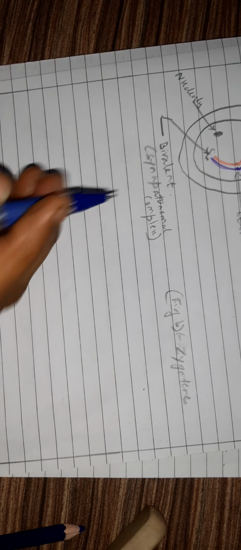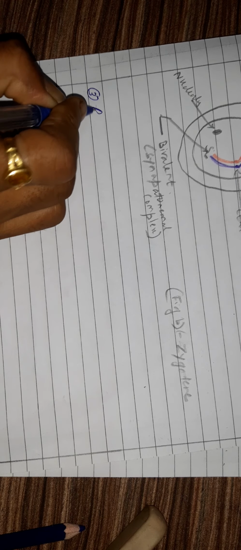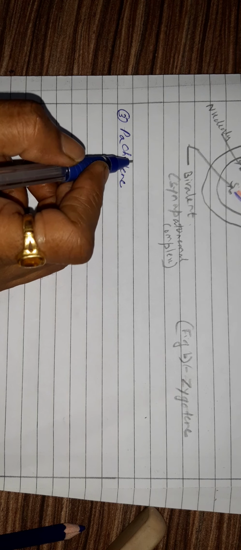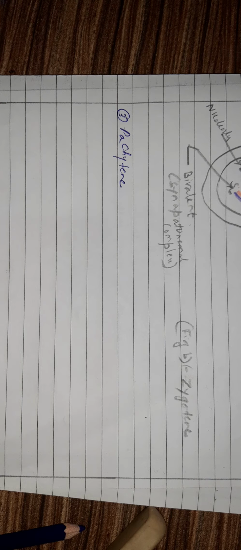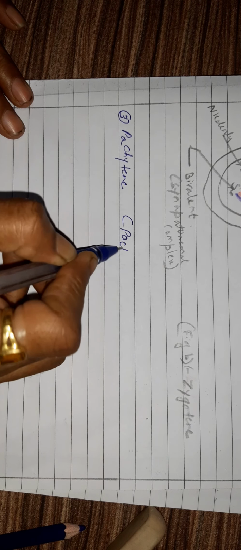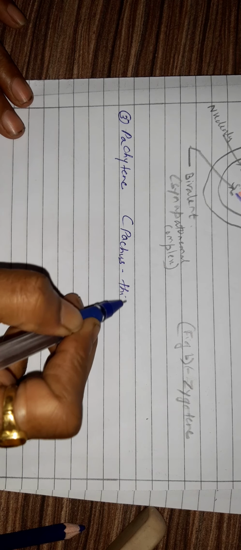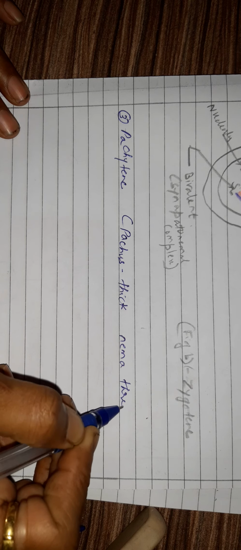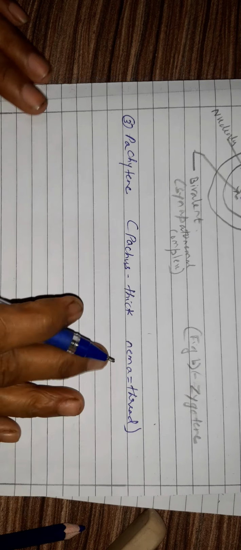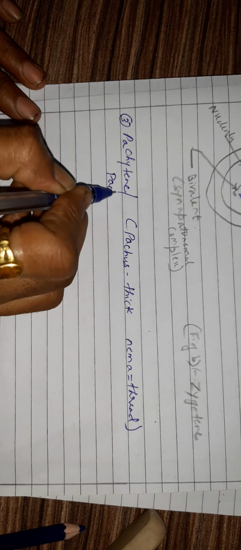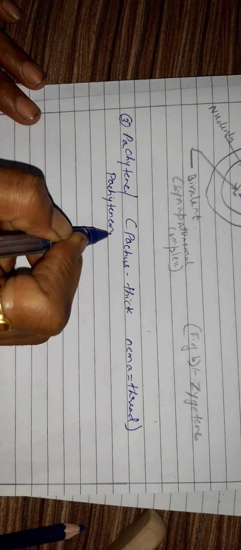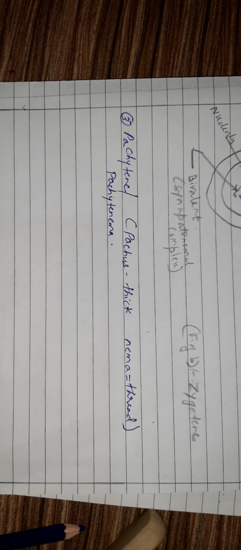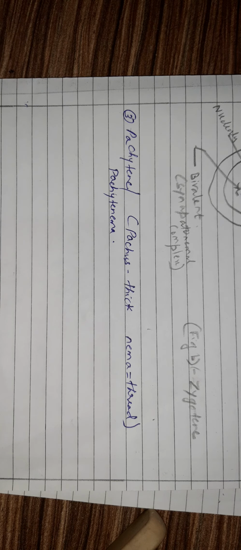Third stage is pachytene. Now what is the meaning of pachytene that we will see? Pachy means thick and nema means thread. So here the thread starts to become thick. You can say pachytene or pachynema. And what happens, let us see here. I will draw the figure first and then I will explain.